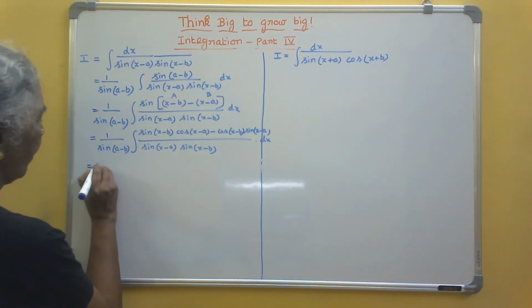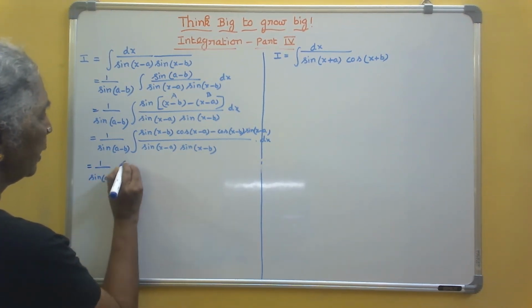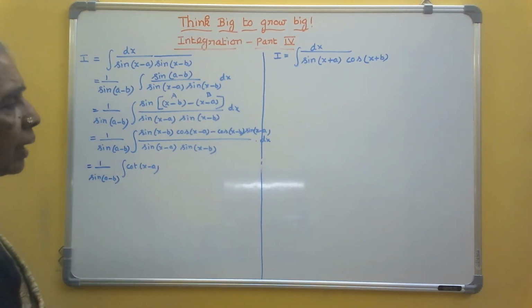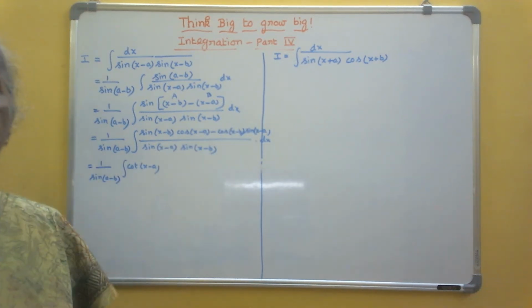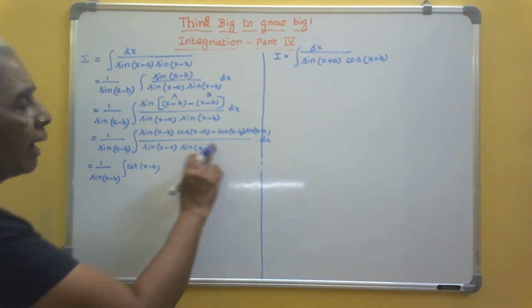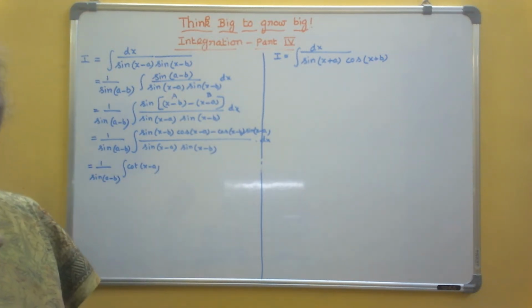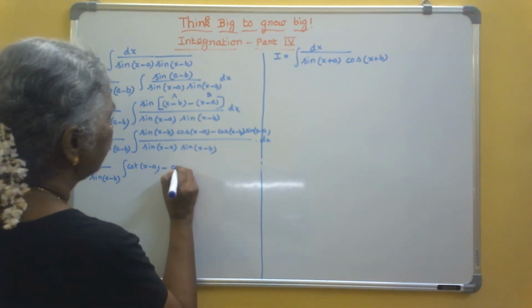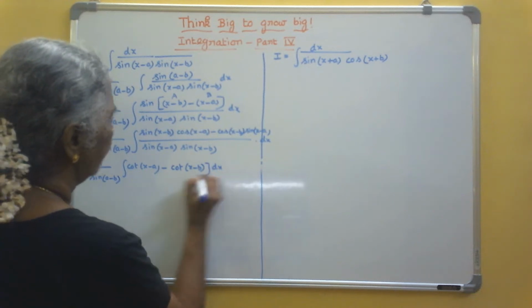So my first part will be integral cot of x minus a. Coming to the second part, the sine of x minus a and this sine of x minus a will get cut. I will get cos of x minus b by sine of x minus b, that gives cot of x minus b. So minus cot of x minus b dx.